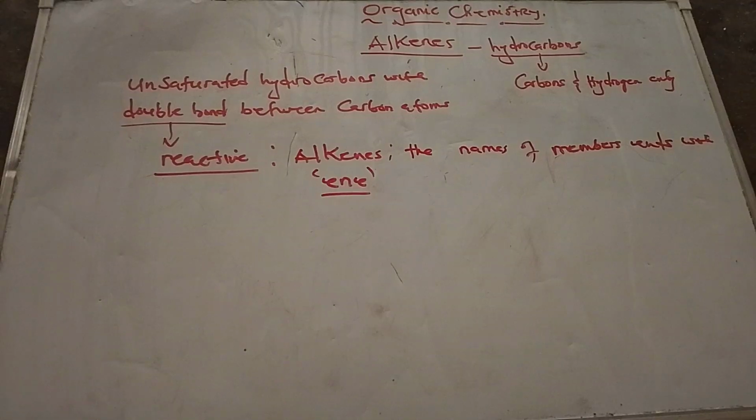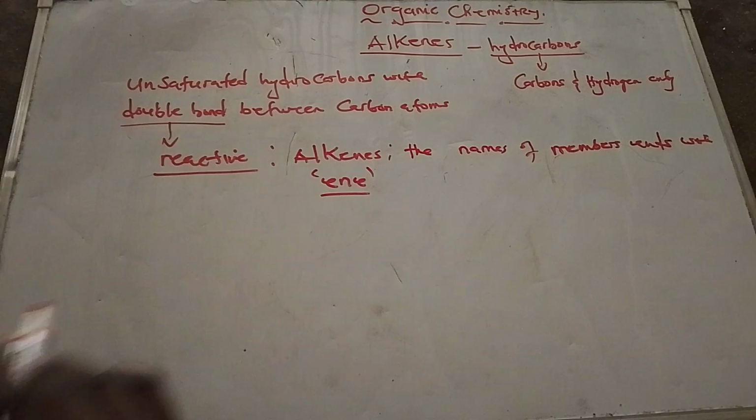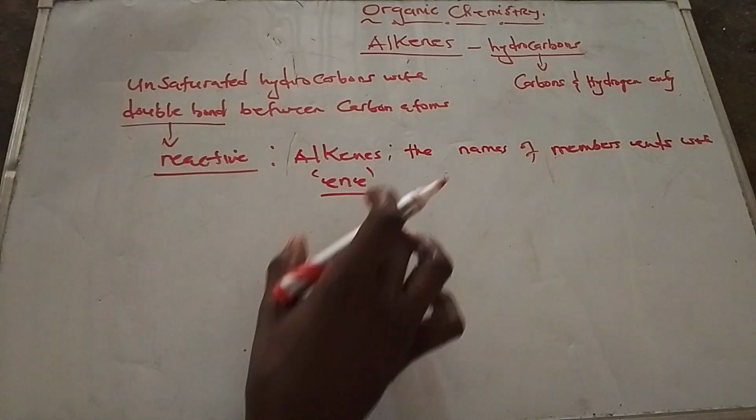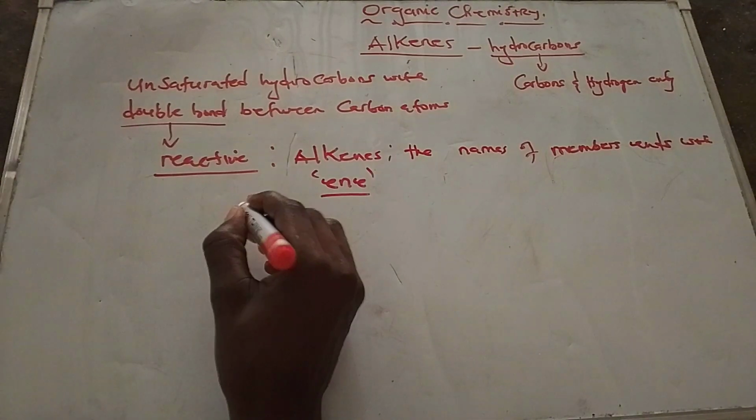So the names end with that. Then the last brief information we can give is that since the names end with this part, we need to understand the general formula.